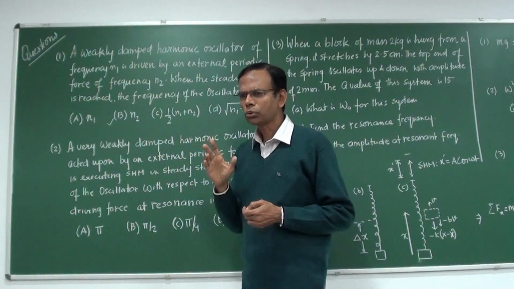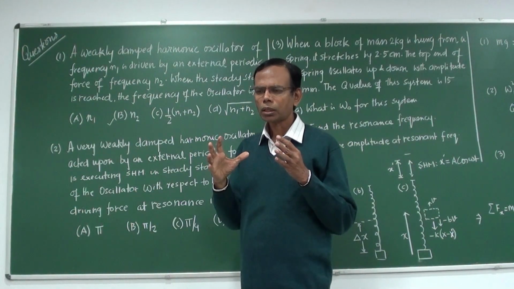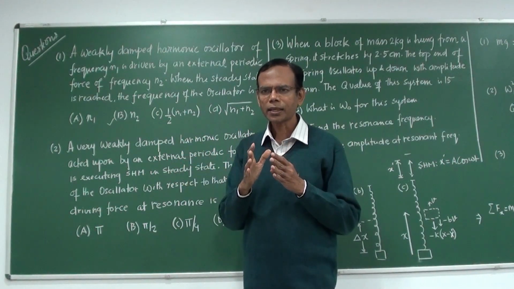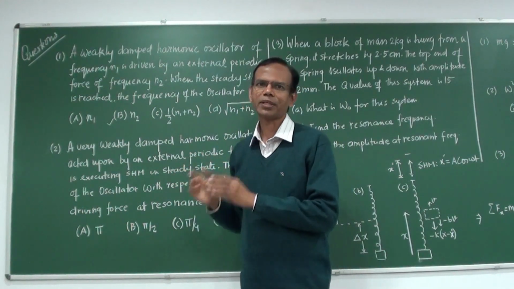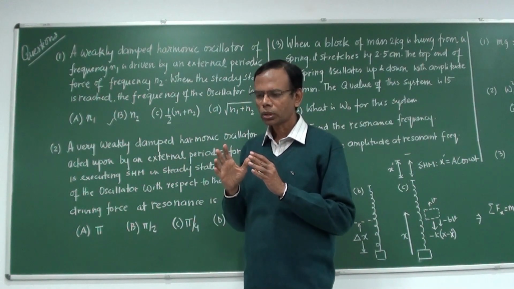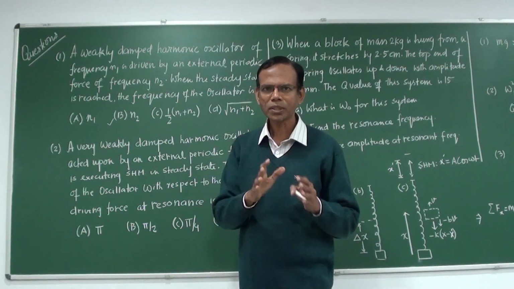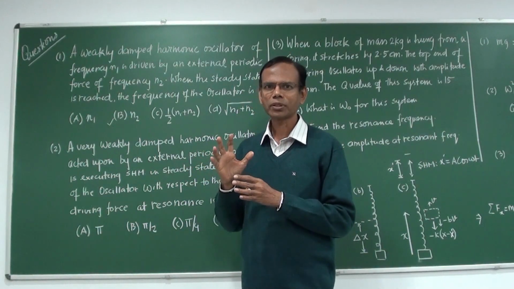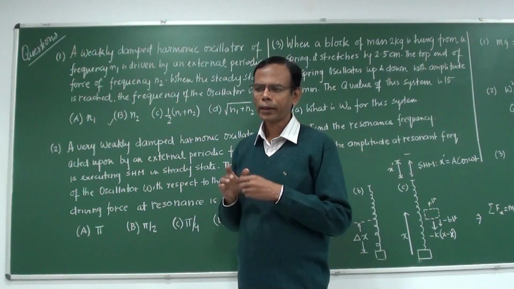Here, let me elaborate a little bit more. We have three important terms. One is the amplitude, the second is the frequency, and third is the phase. The frequency is always the same in the steady state situation. The frequency of the driving force or the driver is the same as the frequency of the oscillator.